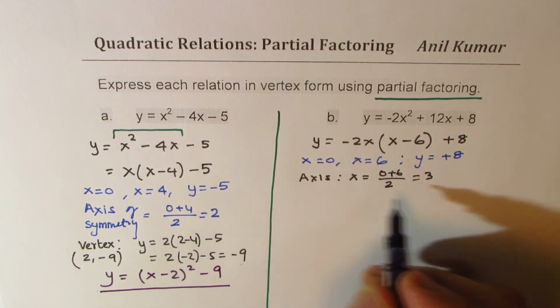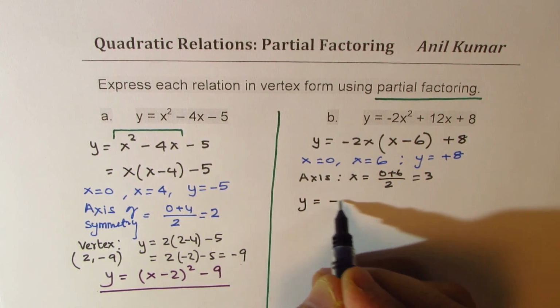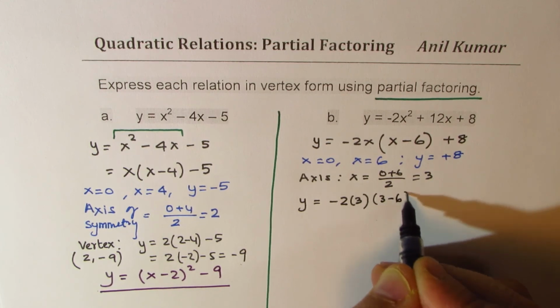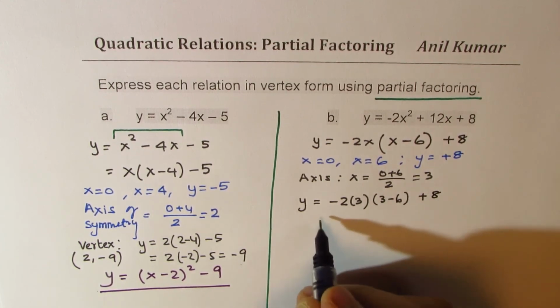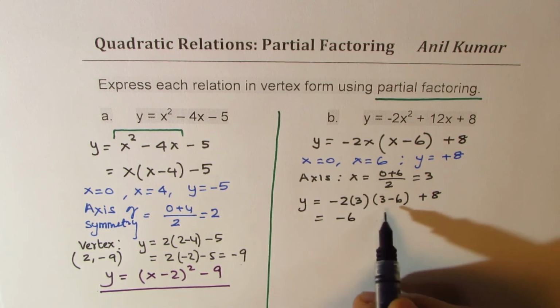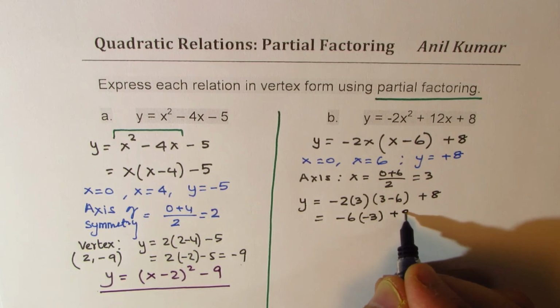Now to find the vertex, we'll substitute 3 in the equation, right? So y equals minus 2 times 3 times (3 minus 6) plus 8. So that gives you minus 6 times minus 3 plus 8, right?